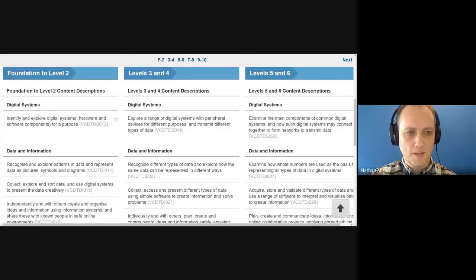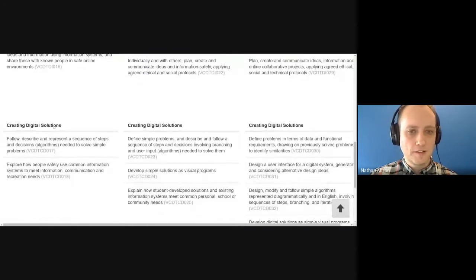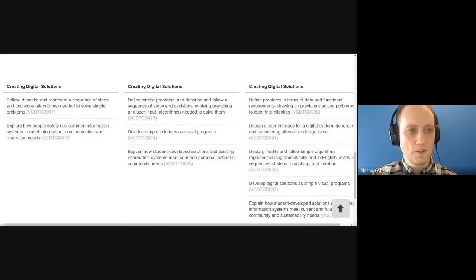Yeah, and I'll give another example. The digital systems content descriptor we've just gone through, from F to 2 up to 9 to 10, is a bit of an odd one out because it's a theory one. But if we have a look at, for example, one of the content descriptors from the creating digital solutions strand, we see in the primary years that we're starting to talk about sequences of steps and defining problems.